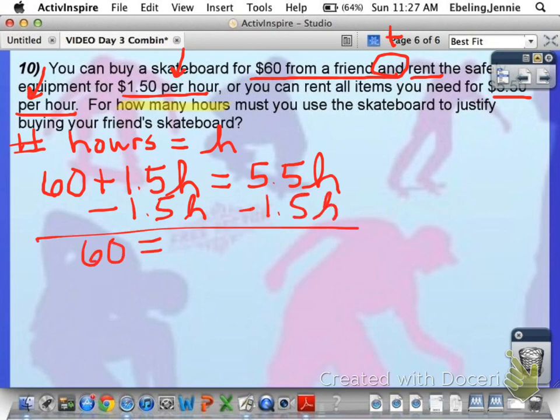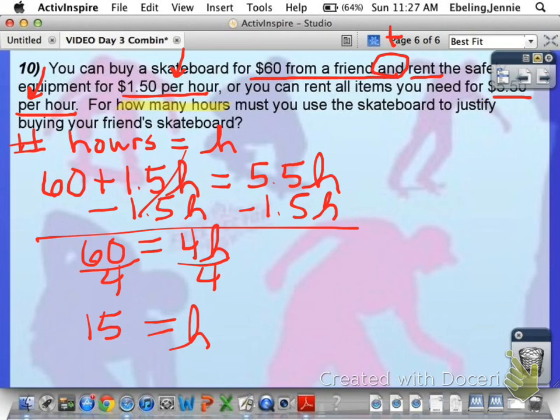I have 60 is equal to, when I subtract, I get 4H. Now I need to divide both sides by 4, and H is going to be 15. So the question was, how many hours must you use the skateboard to justify buying your friend's skateboard? I'm going to answer that, and I'm going to say 15 hours. Okay, that's when both of them are the same price.